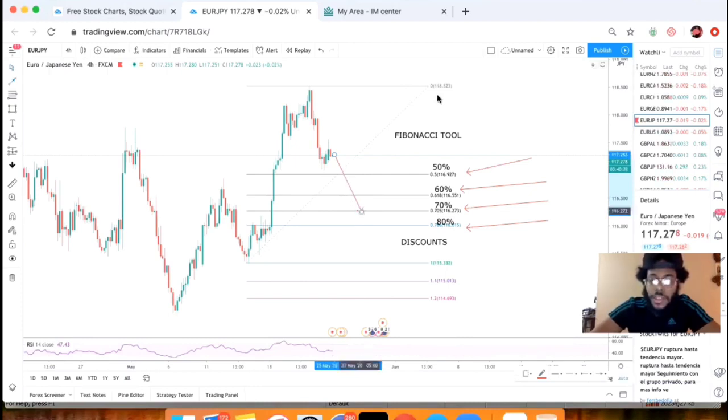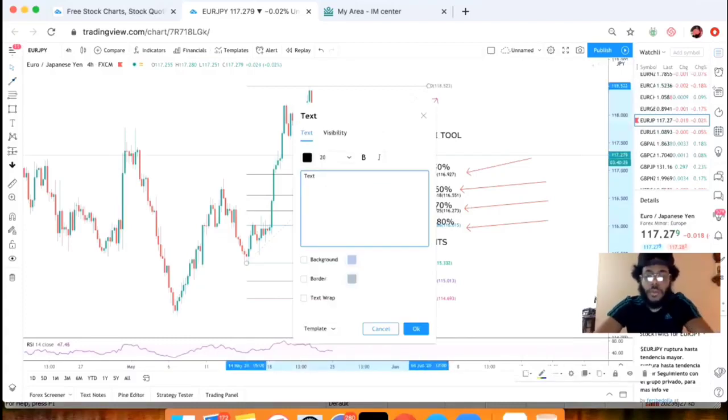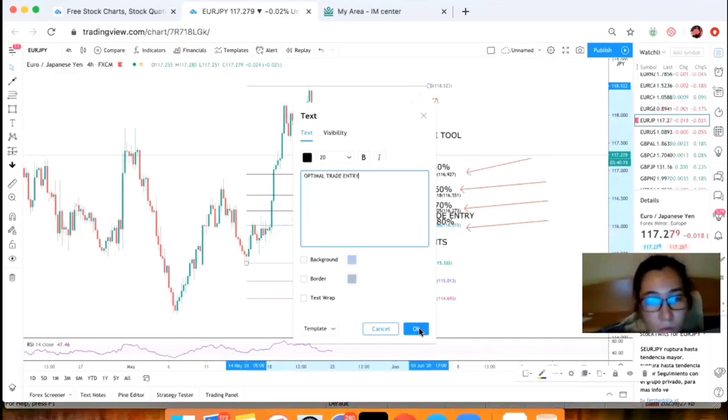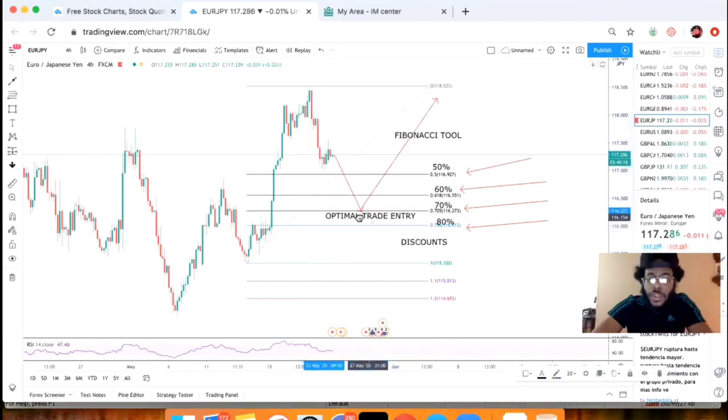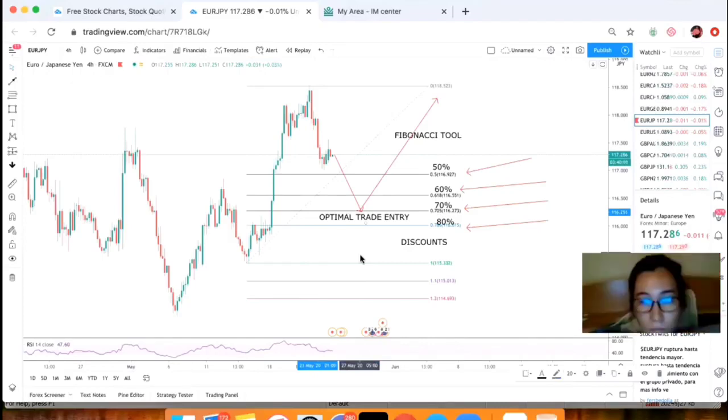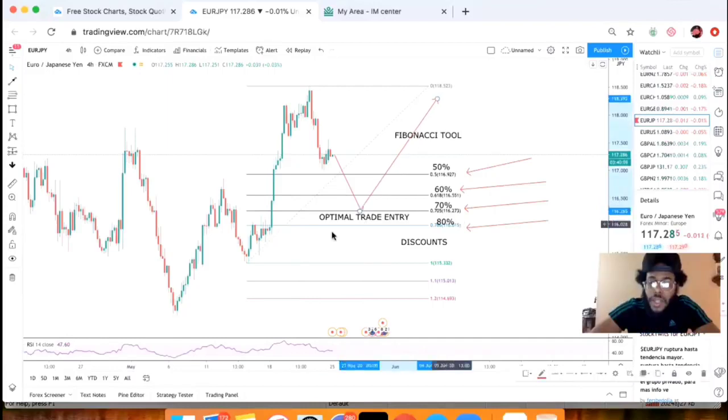The 70 is what we like to call your optimal trade entry. In other words, that's your best entry. That's going to be where you see the very last wick tap off that area and push up. So that is what the Fibonacci lets us do.